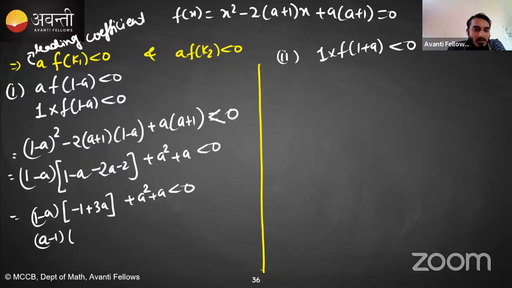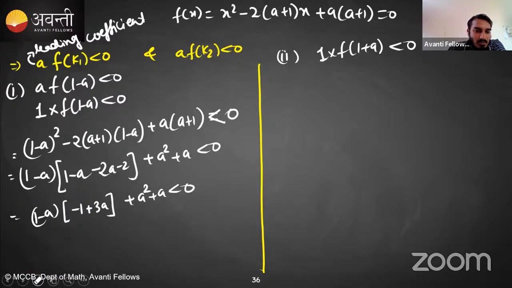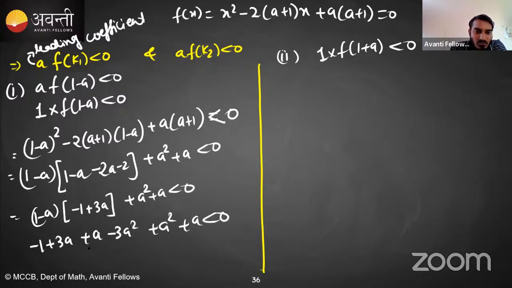Just multiply, there is no benefit from manipulation. Now multiply directly. I took 1 minus a common, so it is left with 1 minus a minus 2a minus 2 and a into (a plus 1), a square plus a. So multiply. This is nothing but minus a plus 3a plus a minus 3a square plus a square plus a less than 0. So what is this?